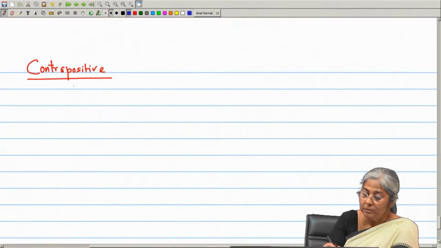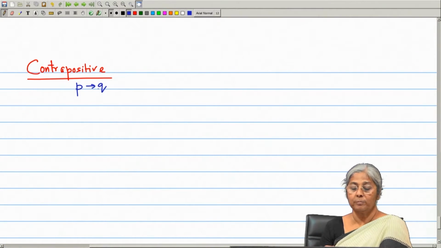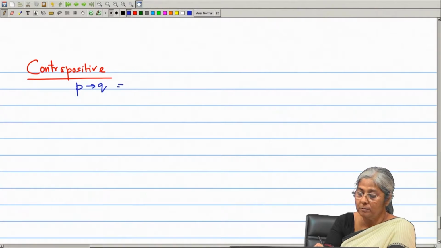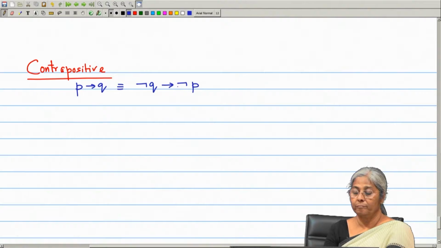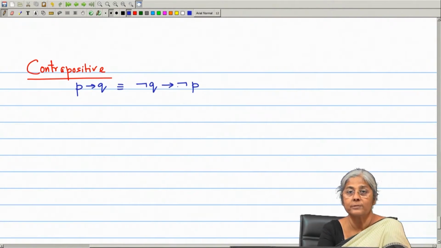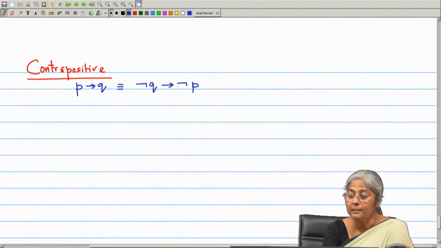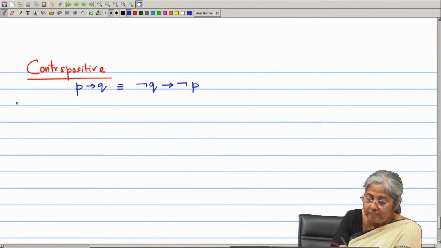We know from when we read logic that if P implies Q, the conditional proposition, it is equivalent to negation Q implies negation P. So, sometimes to prove some statements or theorems, it is much easier to show negation Q implies negation P instead of P implies Q. We see one example.